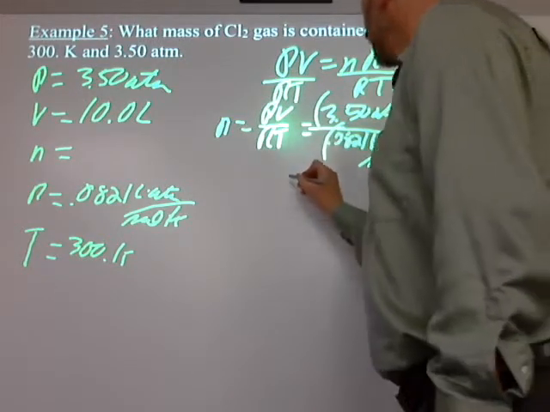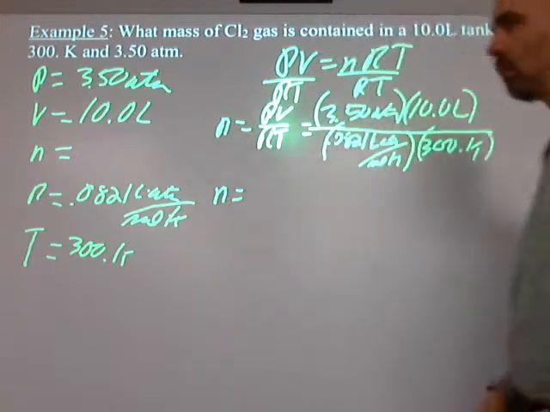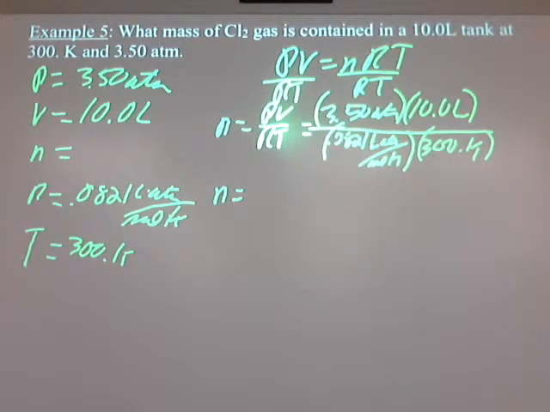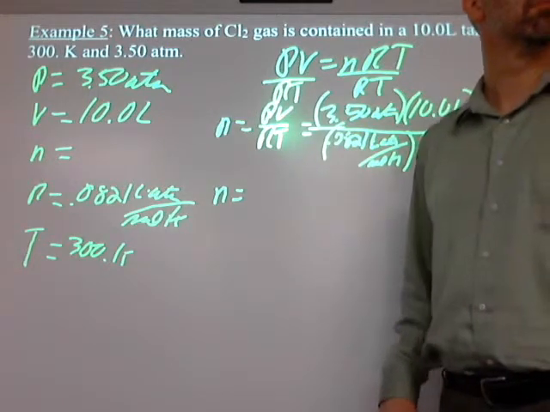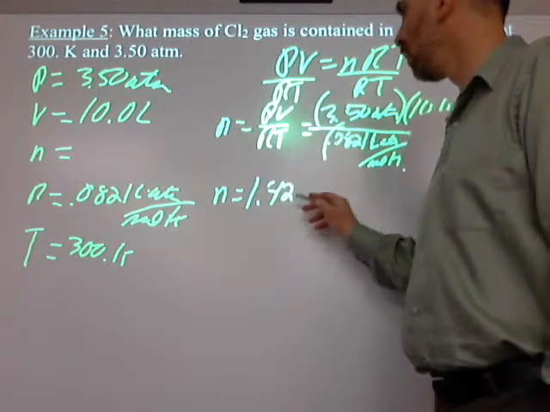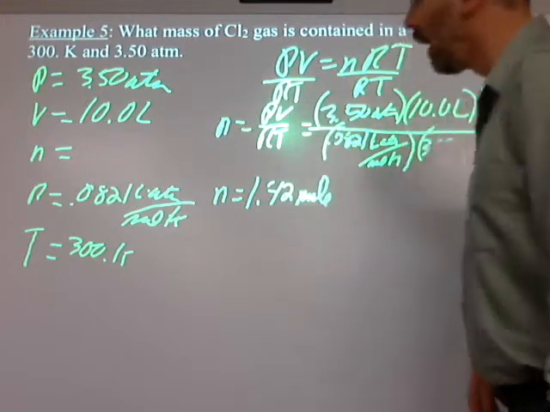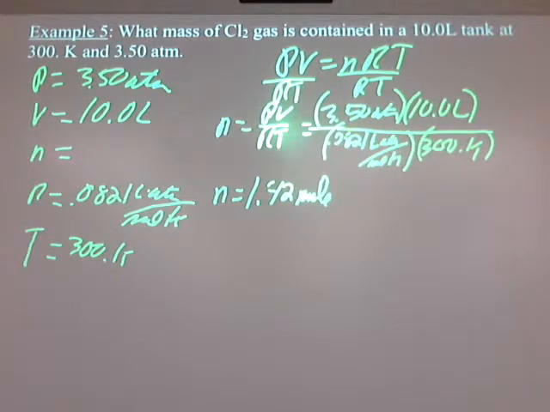All right, let's see what we get for n then. What does n end up equaling here? 1.42. 1.42, everybody else get that? Yeah. 1.42 moles.